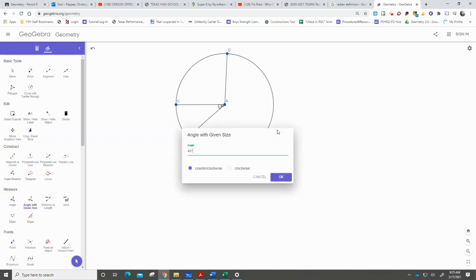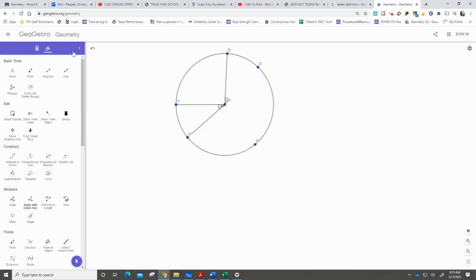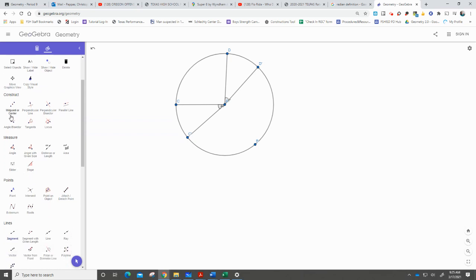We'll do a 40-degree angle there. And so now that'll take us to D prime. So now we have two arcs: C to C prime and D to D prime.